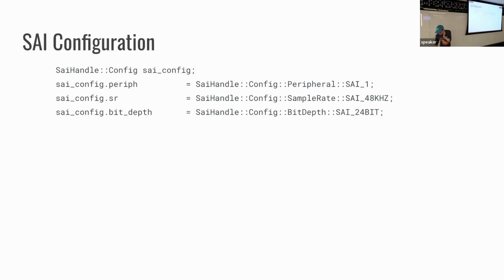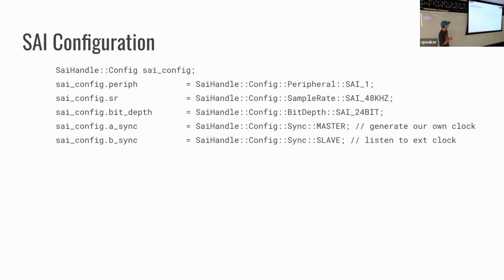So this is kind of what it looks like to start up the SAI config, setting sample rate, and the bit depth here is 24 bits, so you have 24 bits of integer to work with, and setting clock modes to either listen or generate.